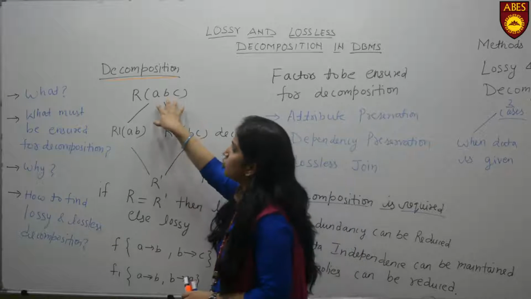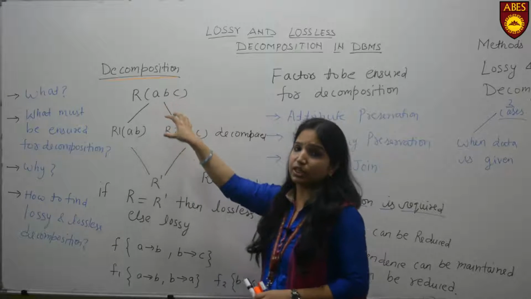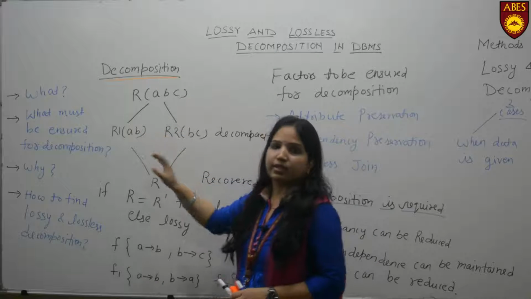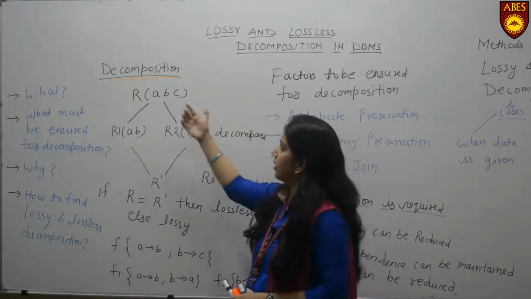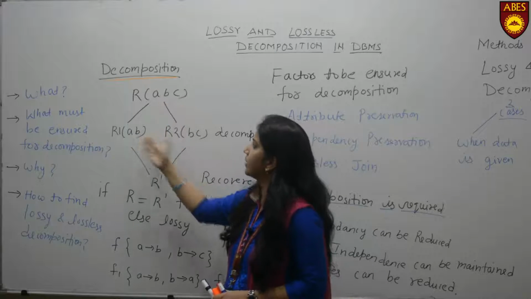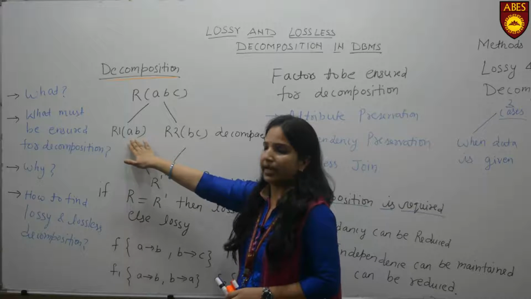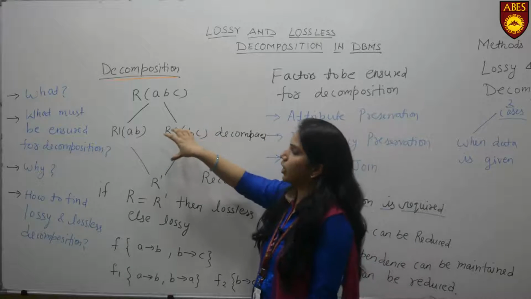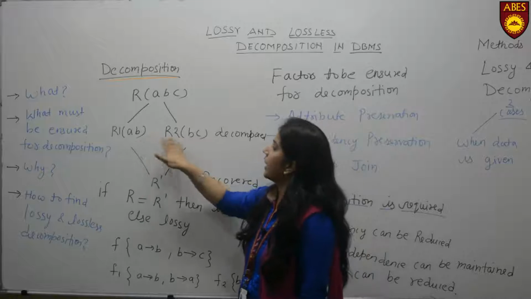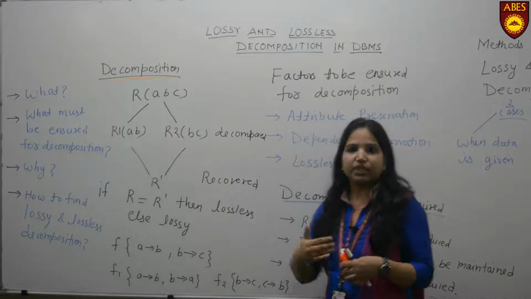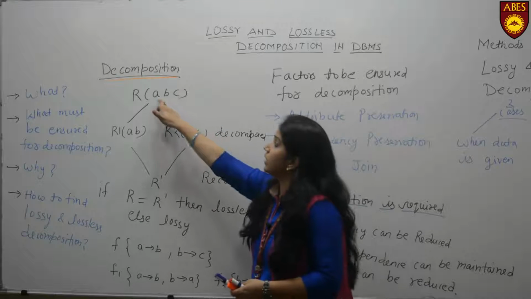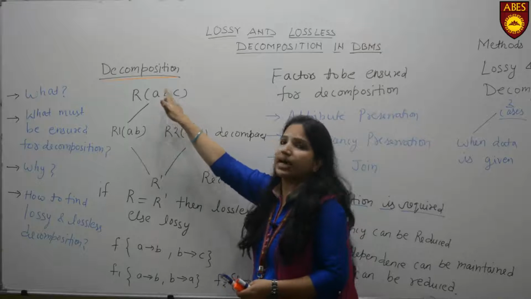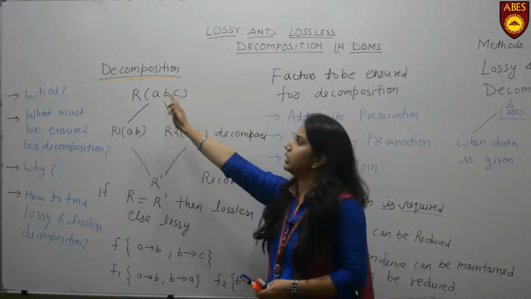All the attributes of the original relation must be contained in the split ones. Here R1 has attributes A and B and R2 has B and C. So in this case we observe that R1 and R2 are preserving the attributes of the original relation. A, B and C are the attributes of the original relation.